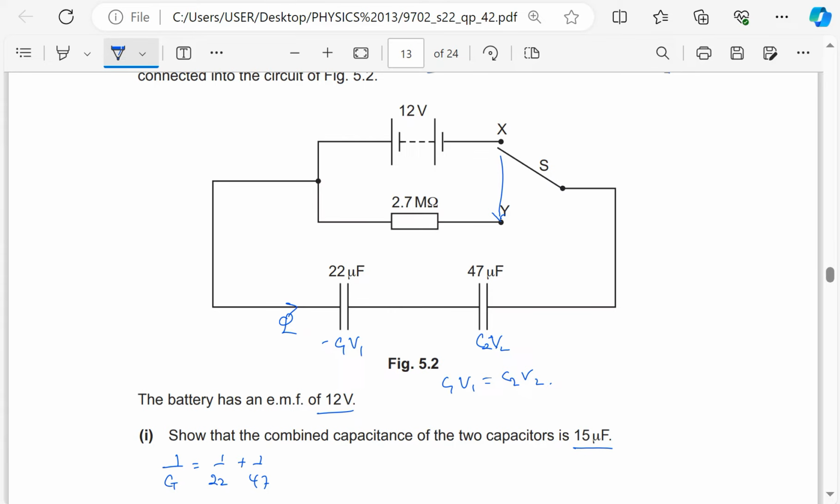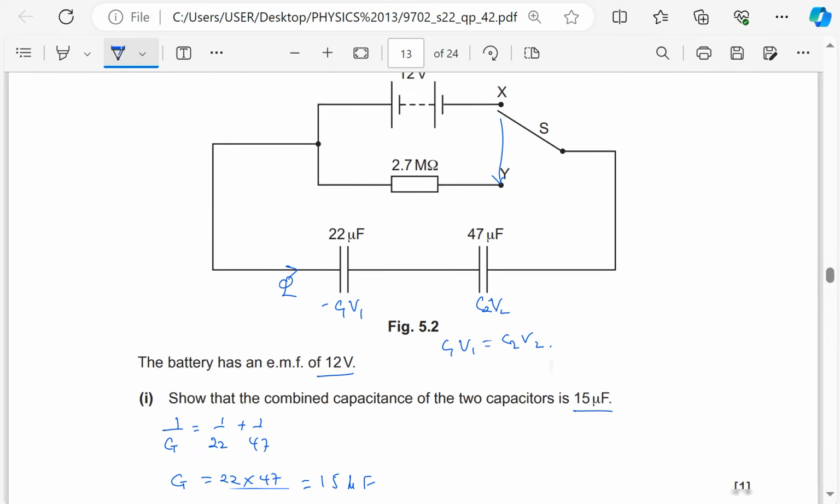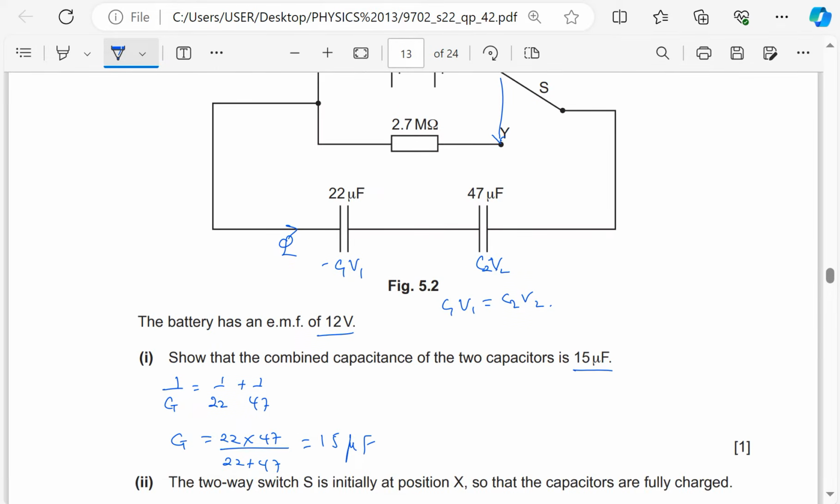Which means if I want to find V1, I'll get C2 over C1 times V2.